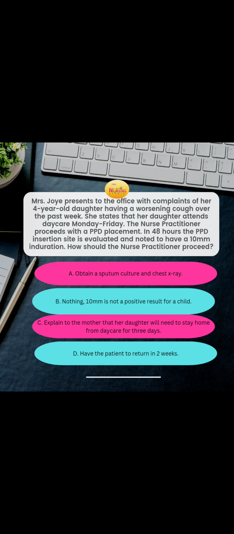Now, the stem of the question states, how should the nurse practitioner proceed? Now, of course, this question could have a little bit more context as to why the nurse practitioner proceeded with a PPD, but roll with it. They had the PPD. The results are a 10 millimeter induration. So how should this nurse practitioner proceed? Okay. Take a moment, look at that, and then we'll go over that answer choice.